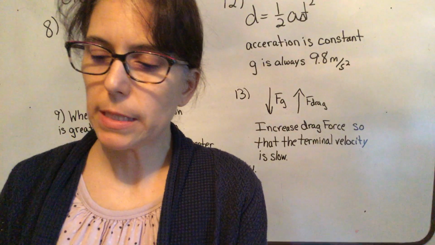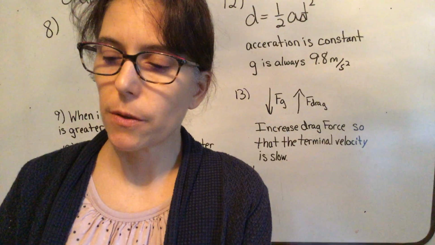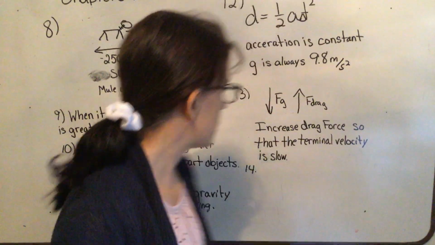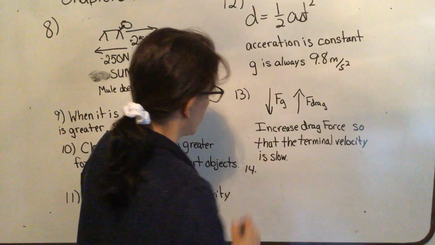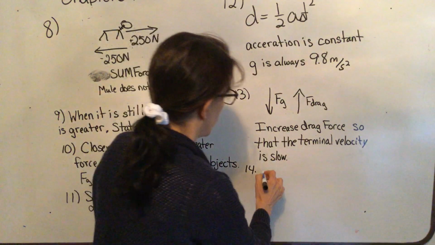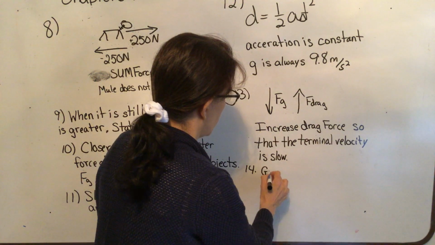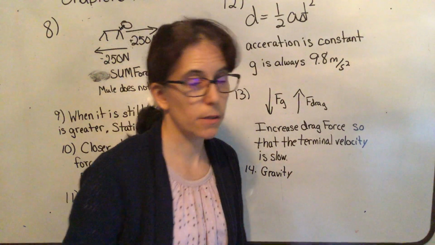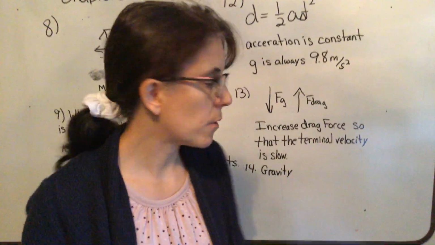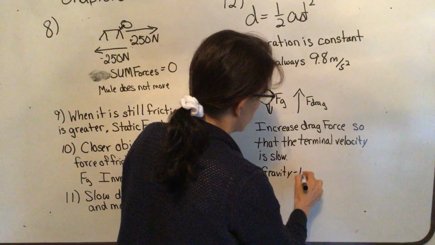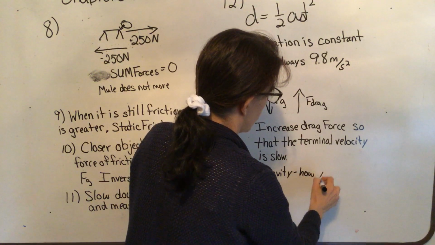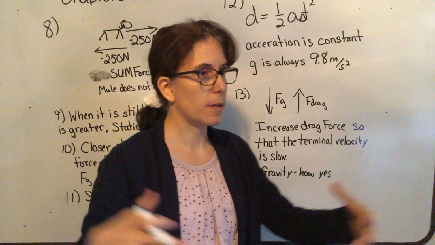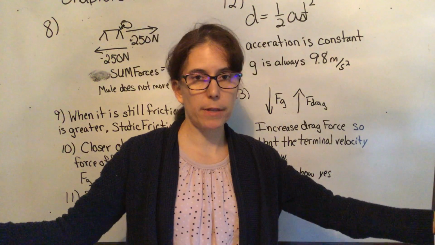All right, number 14, it says, physics has explained the why and how of all natural forces. I'm going to give you an example here. Think of gravity. We have explained the how of gravity. We can describe how gravity works because if something's further apart, gravity goes down.